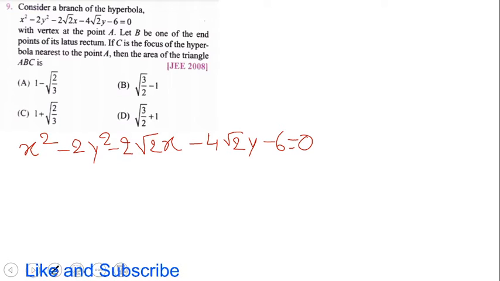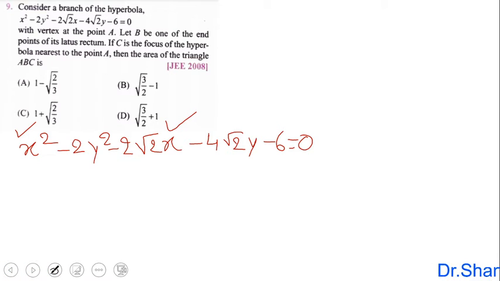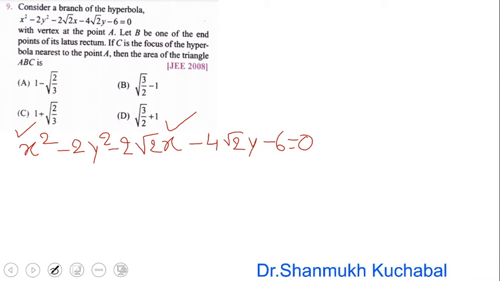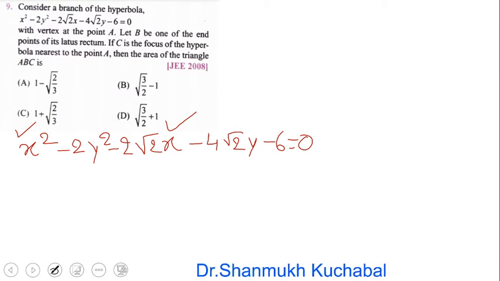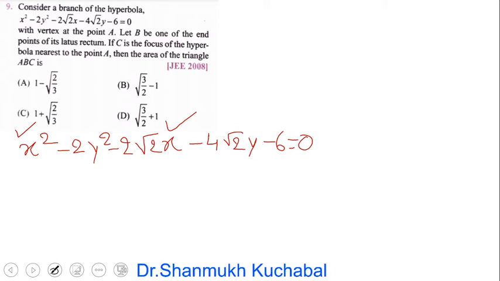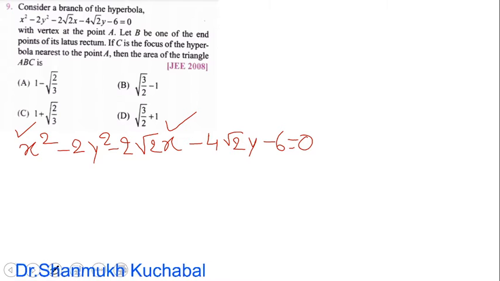The first term is x square, the second term is 2 root 2x. So we have to take the x coefficient and divide by 2. So we get 2 root 2 divided by 2 as root 2. Square it, it will become 2. Okay, so plus 2 we have to add and subtract.